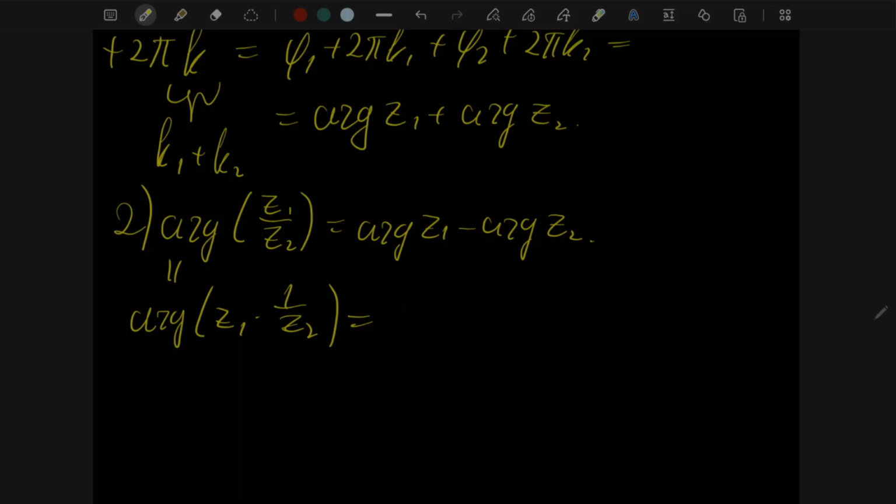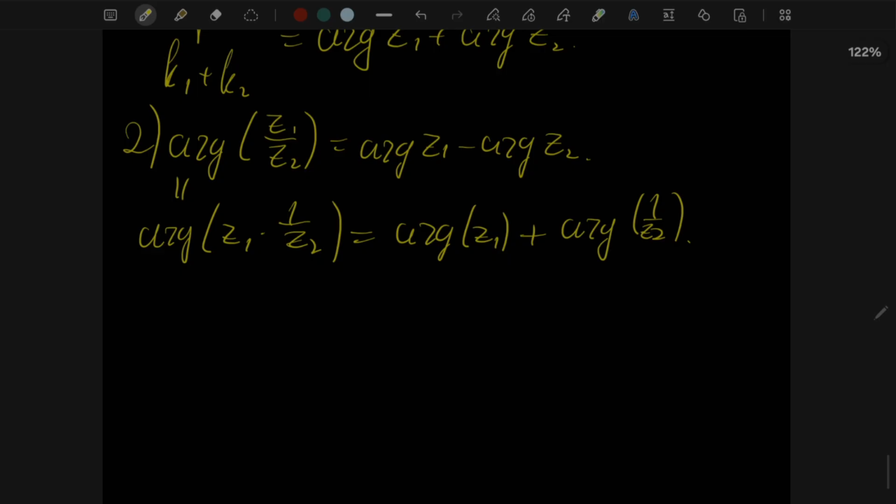By using the first property, it is argument of z1 plus argument of 1 over z2. Now, we just need to prove that the argument of 1 over z2 is negative argument of z2.